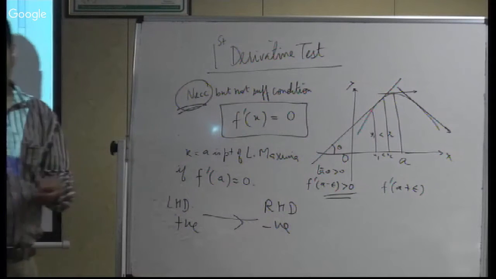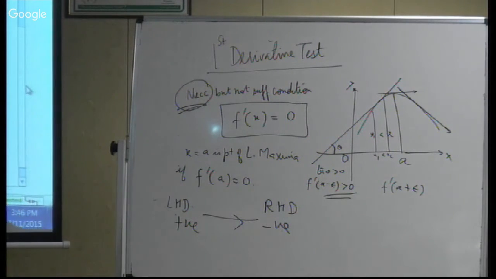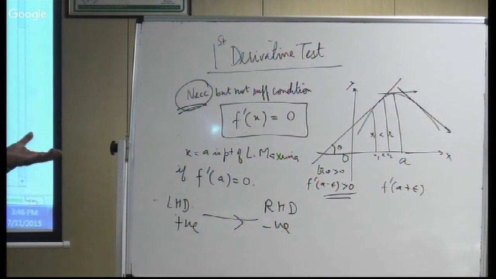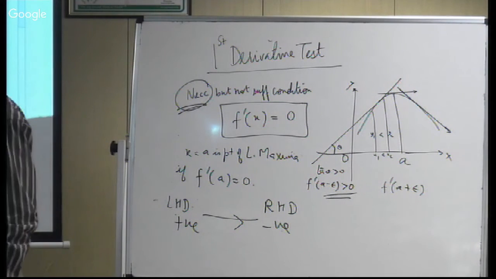The sign of the derivative changes from positive to negative in case of a point of local maximum. And the reason is this: you have a geometrical interpretation to support the change of sign. As you cross the point x equal to a from left to right, the derivative will change from positive to negative.